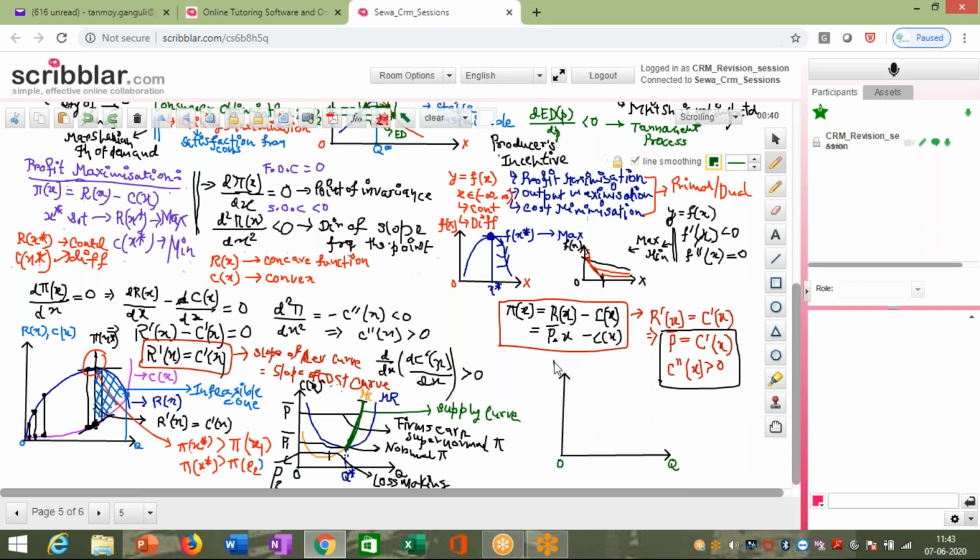Q on the axis, and I have the price P over here. The supply curve that I'll have is something like this. The supply curve is the price equal to the marginal cost above the minimum point of the average cost curve.